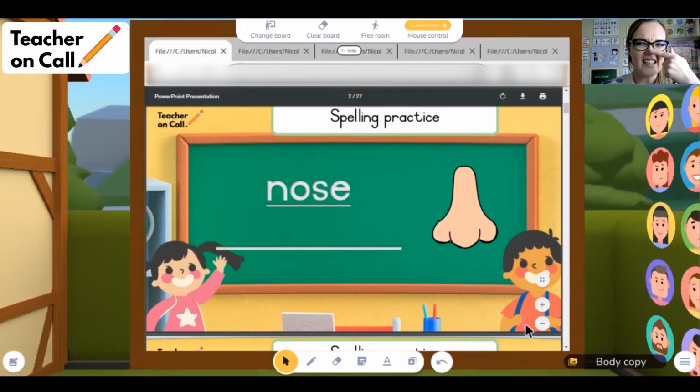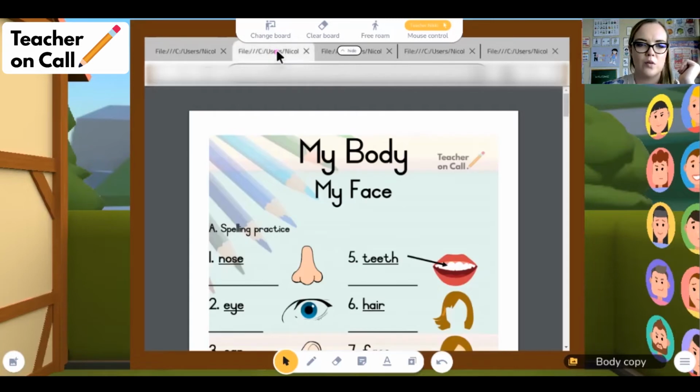What is this? This is a nose. Nose. Go ahead on your worksheet and write out the word nose.